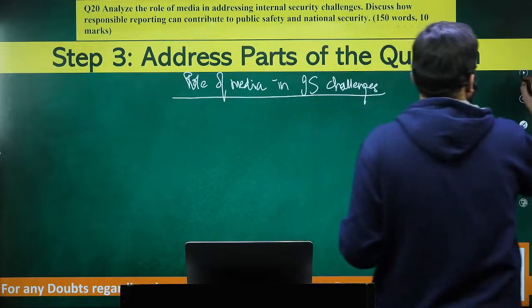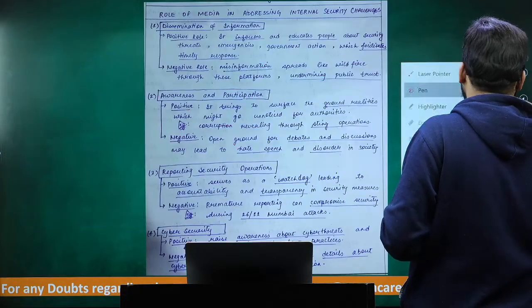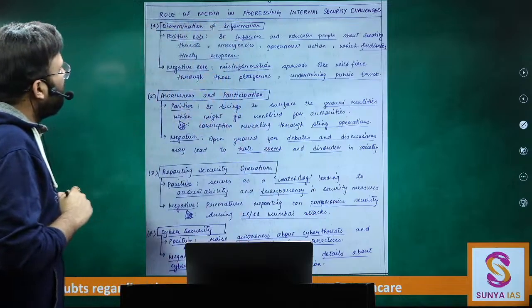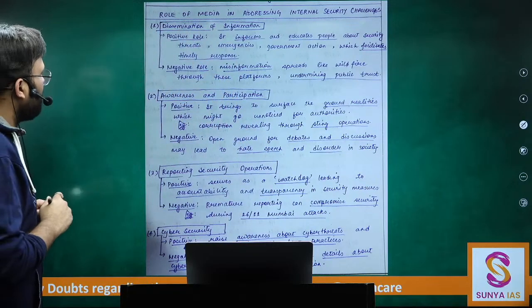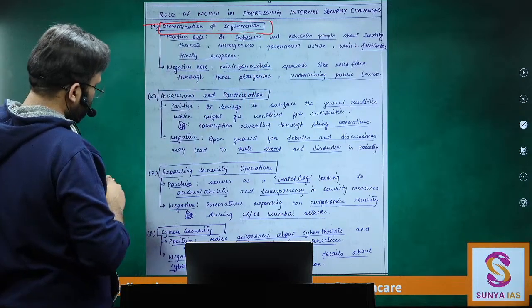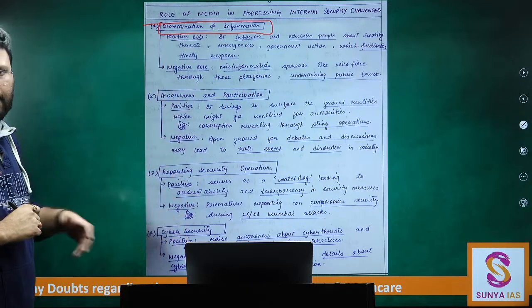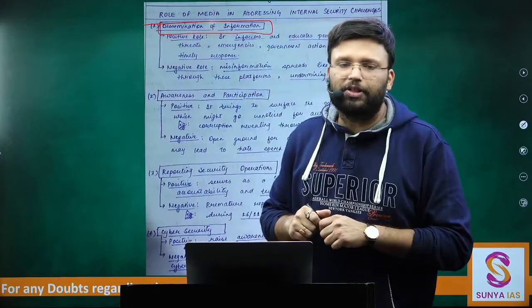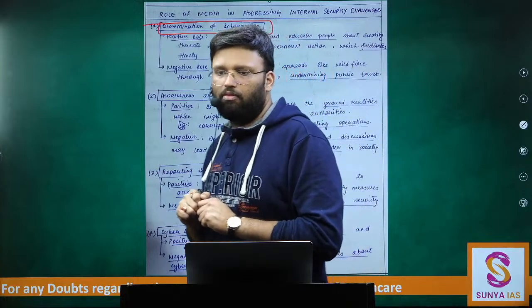Now let's look at some of the copies where this information is being presented. Role of media in addressing internal security challenges, dissemination of information. So I think even this format is really good. This is another of the unique ways in which you can present the information. Why is it unique?